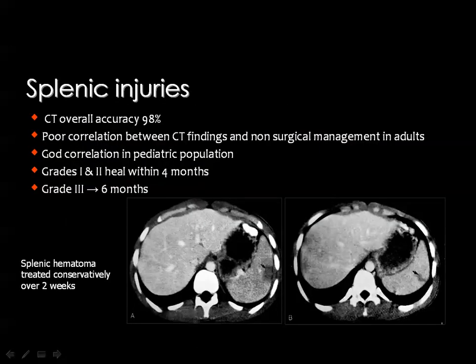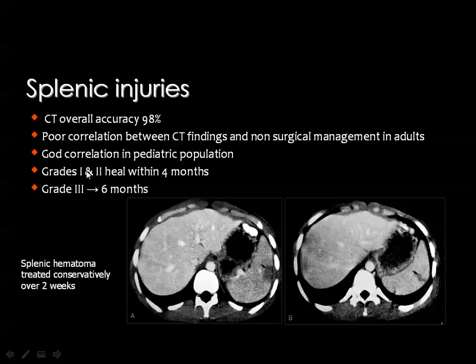Then look at the appearance of these injuries on the CT images, and this is the grade 1 splenic contusion. This is usually treated conservatively, and after 2 weeks you can see some healing at the site of the contusion.